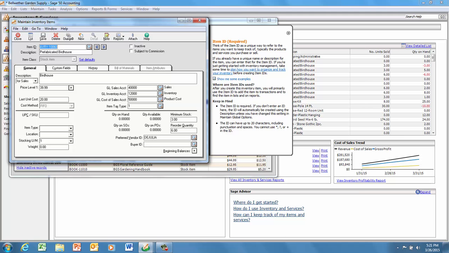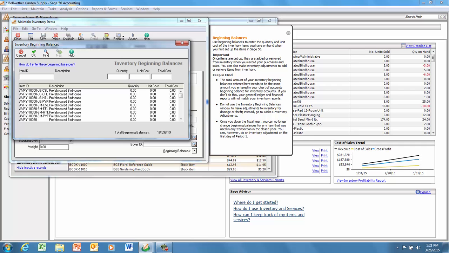Now, if there were any beginning balances that we had of these particular birdhouses, then I can go to beginning balances, and I have to put in the item ID. So that was AVRY. Oh, I'm sorry, I need to select it.